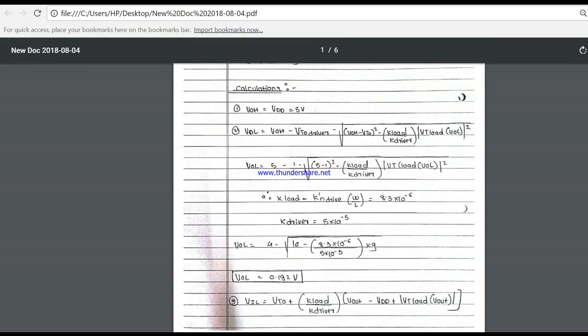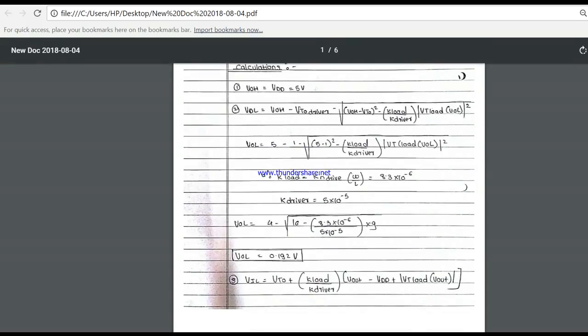Now the third critical level, that is VIL. This is the equation of VIL: VT naught plus K load upon K driver times (V out minus VDD plus mod of VT load of V out). Now for this, VT load of V out is unknown to us, so first we'll find it.